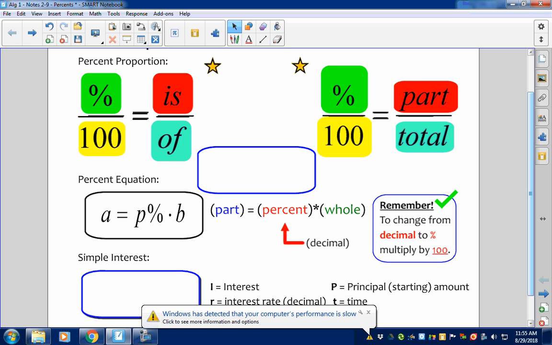If you want to know the sale price of an item, say the item is 30% off, probably not 70% off unless they're really trying to get rid of it. With 30% off, you're actually going to pay 70% of the original price, because 100 minus 30 is 70, so I do 70% times the cost.